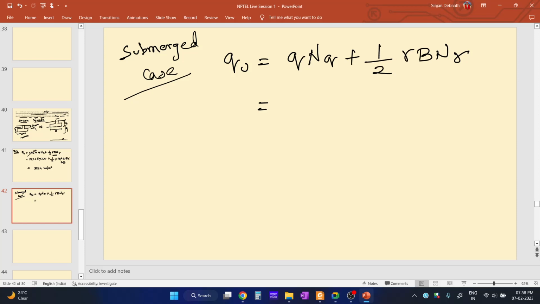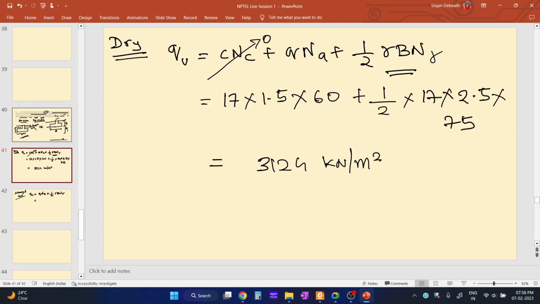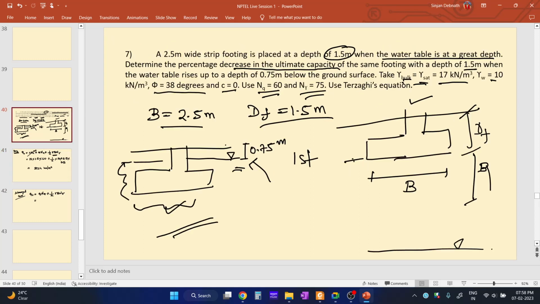And now q. What is the effective surcharge at depth Df? In the earlier case, it was just gamma into Df. But now over here, the surcharge is gamma into this part, because up to 0.75 depth it is dry.